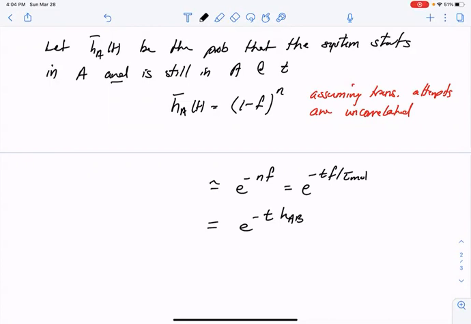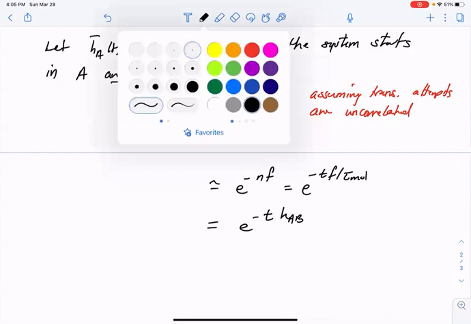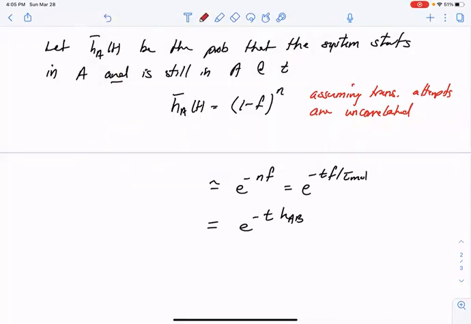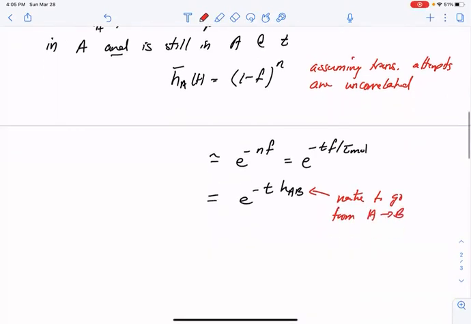So out of a sequence of uncorrelated attempts, we find Poisson statistics, namely that the likelihood of leaving state A is exponentially distributed with a rate, k AB, which is nothing but the probability to make an attempt, to make a reaction, a probability to have a transition occur per unit time.